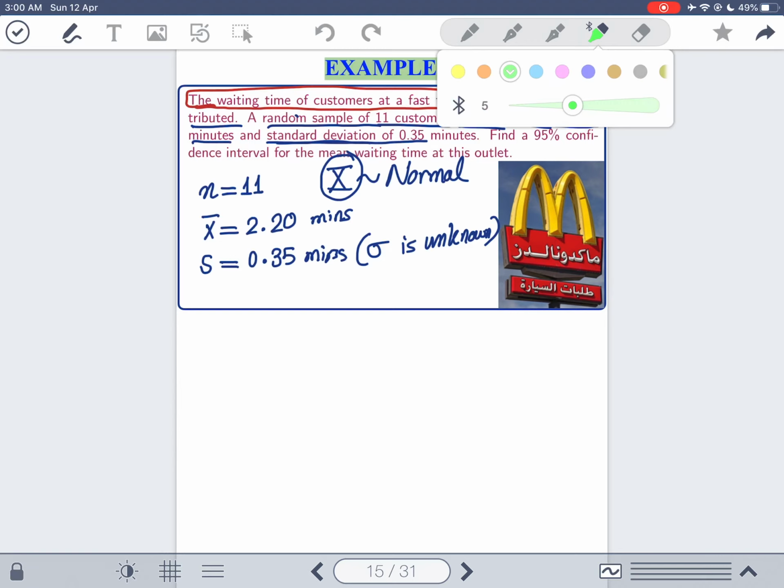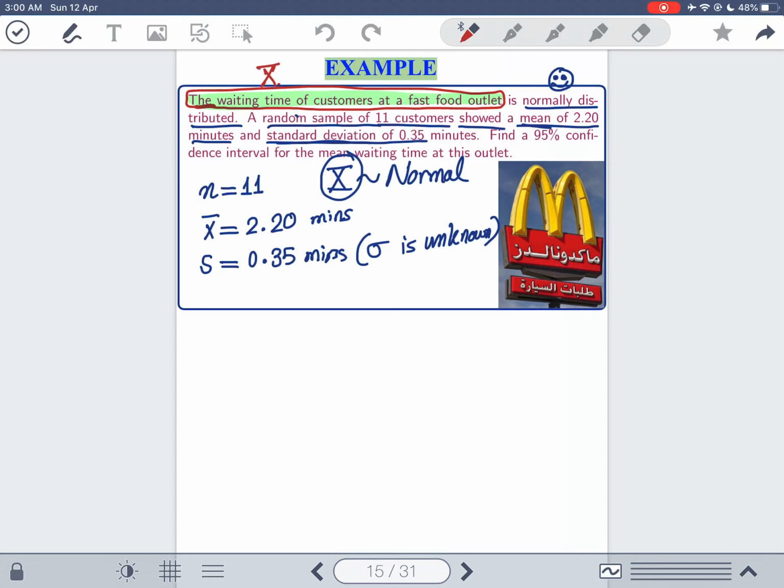So what I suggest you do is this highlighted thing here, write x, say this is my random variable, x equals this, the waiting time of customers at a fast food outlet. And we know that x has a normal distribution. Our sample size is 11. Our sample mean is 2.20 minutes. And our sample standard deviation is 0.35 minutes.